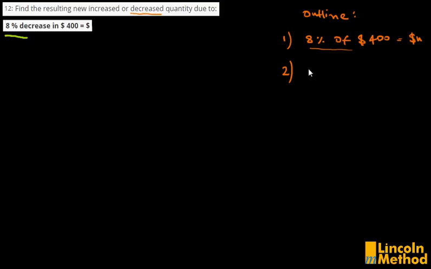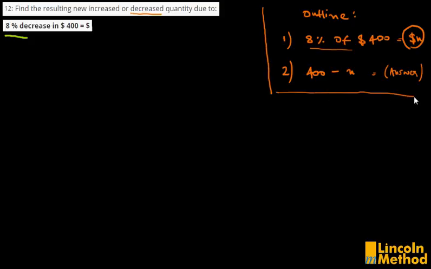Now the second step is to subtract this amount, the X dollars that we assumed, from $400, and that is going to give us our answer. So this is how we will be solving this question. Simple, right? So let's move on to finding out the exact answer.